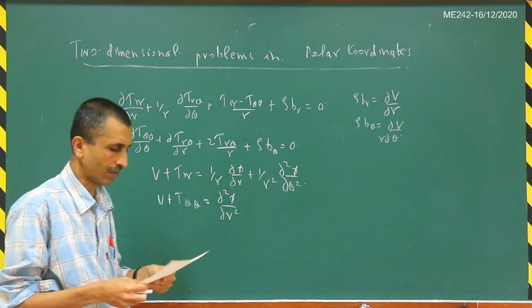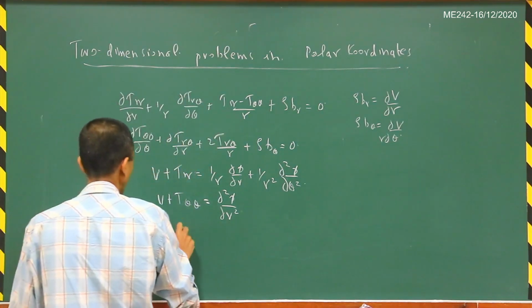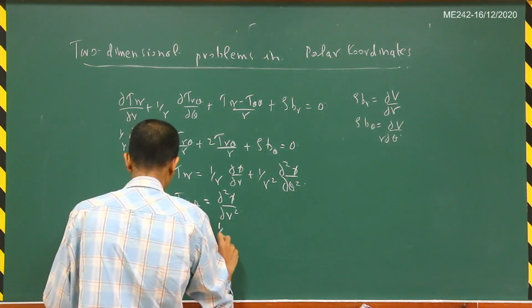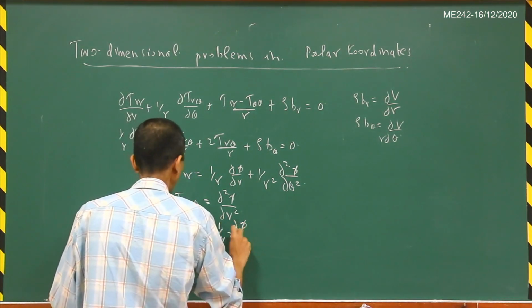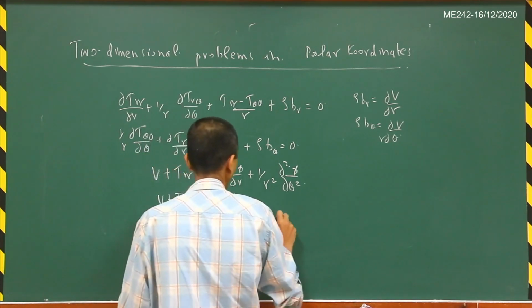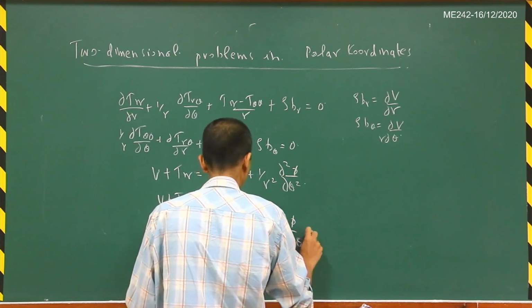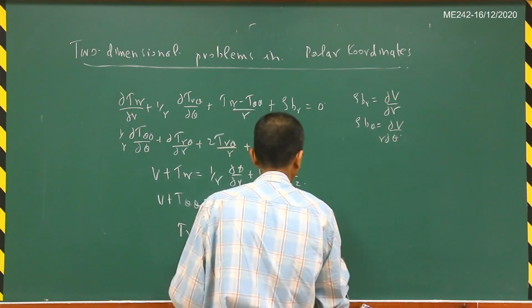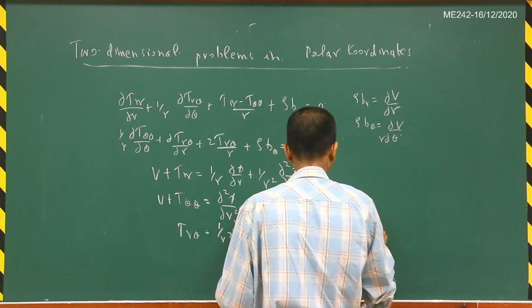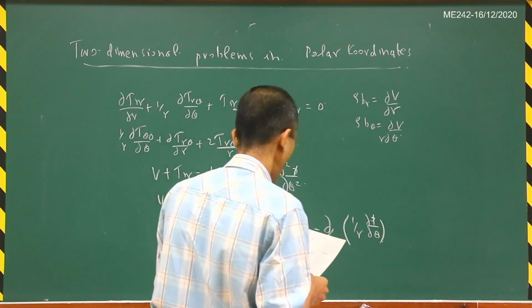Fine. And then τ_rθ is equal to (1/r²) ∂φ/∂θ − (1/r) ∂²φ/∂r∂θ, and this is also equal to −∂/∂r of ((1/r) ∂φ/∂θ).